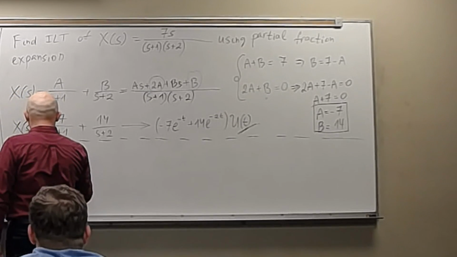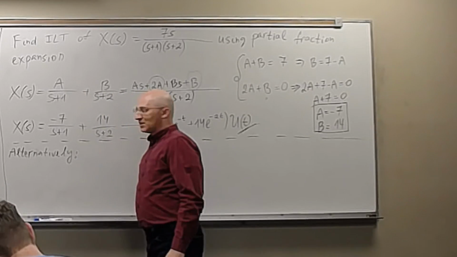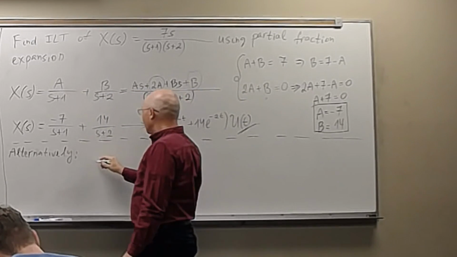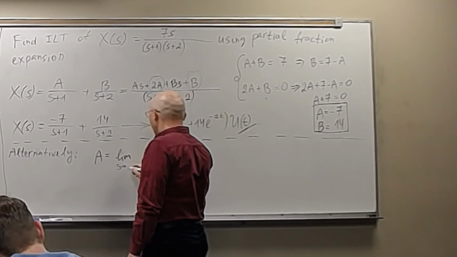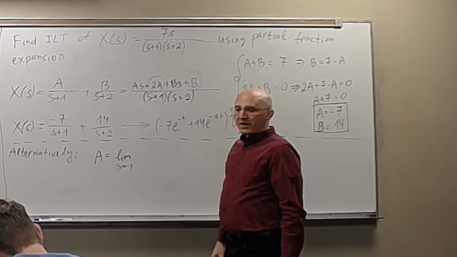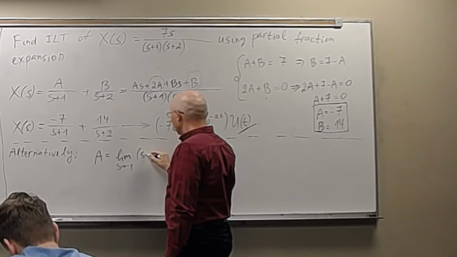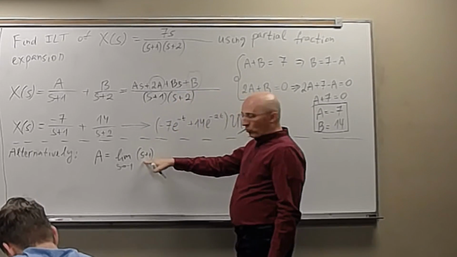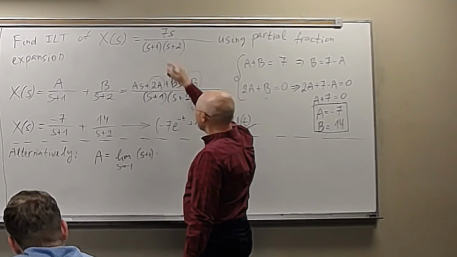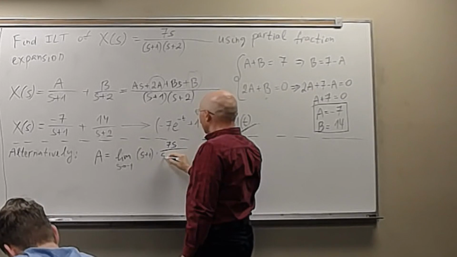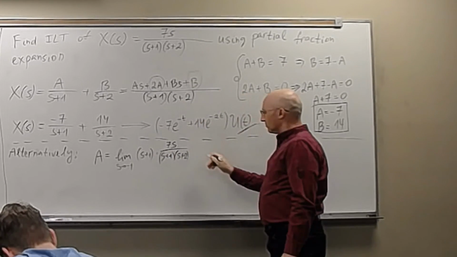Can you write it on the board so I can write it down? This is our alternative, okay? A equals the limit where s goes to minus 1 of the pole s plus 1, which is the first one, times that thing, which is 7s over s plus 1, s plus 2.